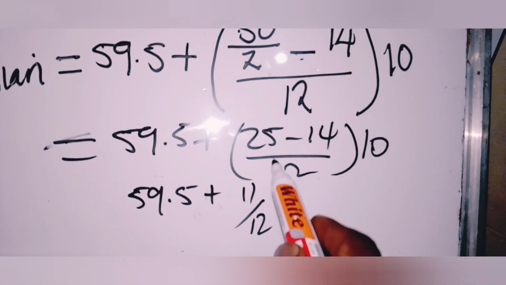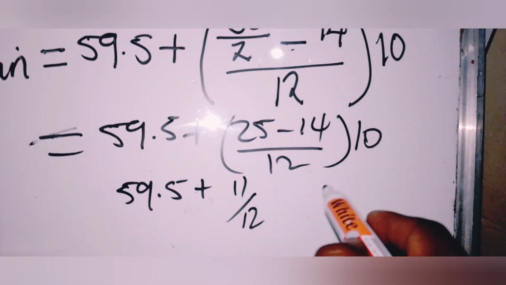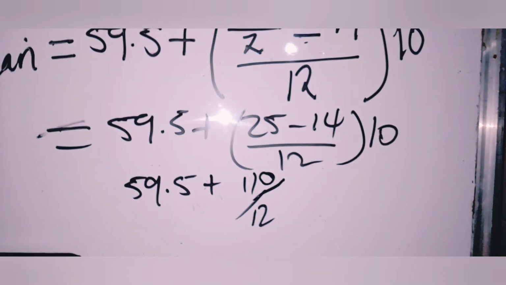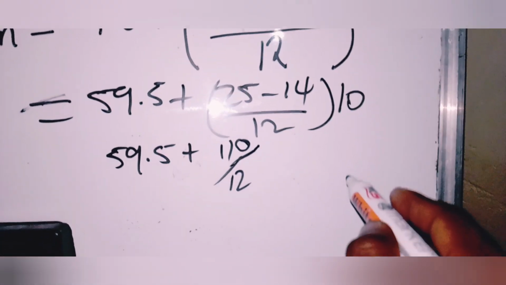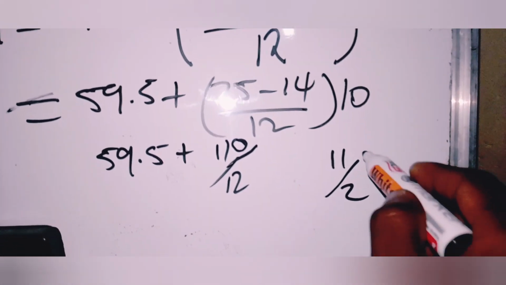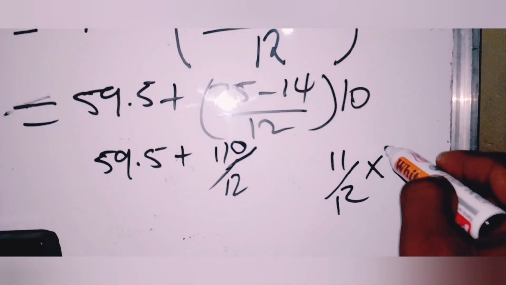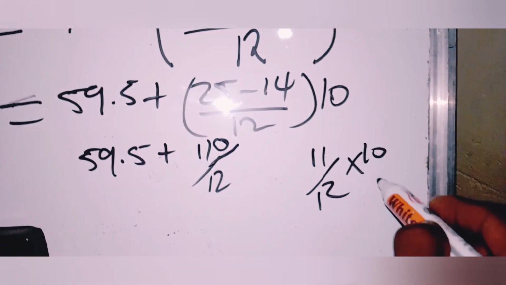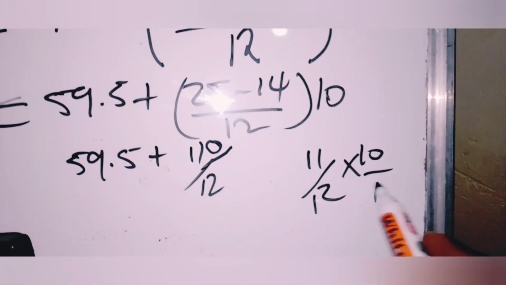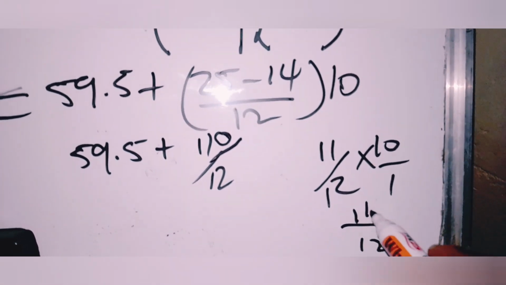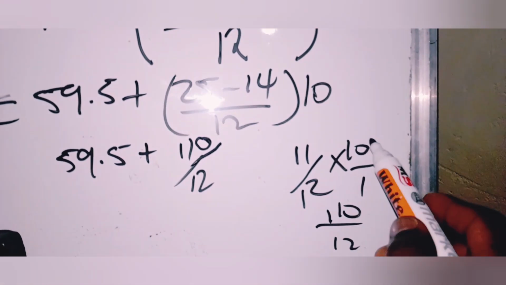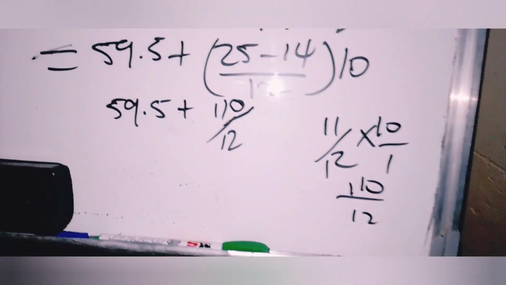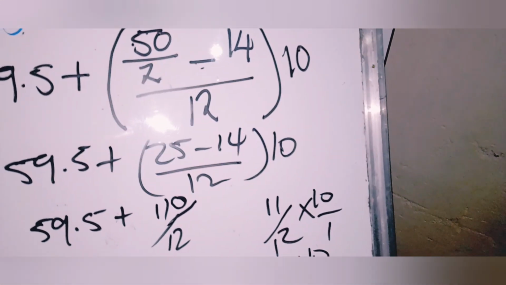So 11 times 10 will give us 110. It's more like 11 over 12 times 10. So this is how we have done it.